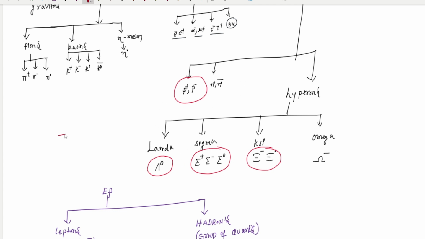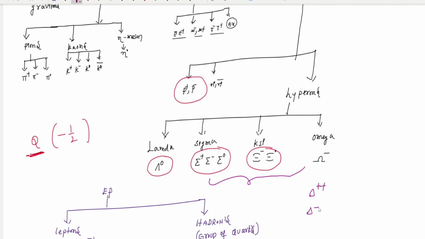These are all the spin 1/2 category baryons. And the remaining things are there. One is delta. See here, this order is there. So you need to remember these things.